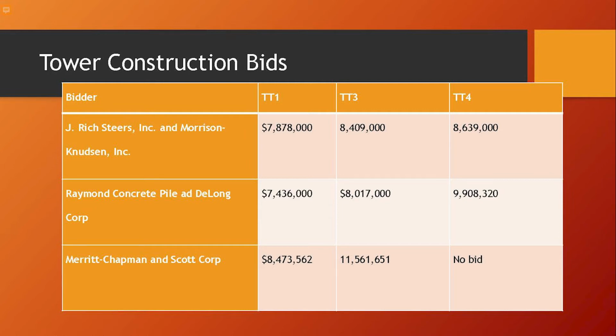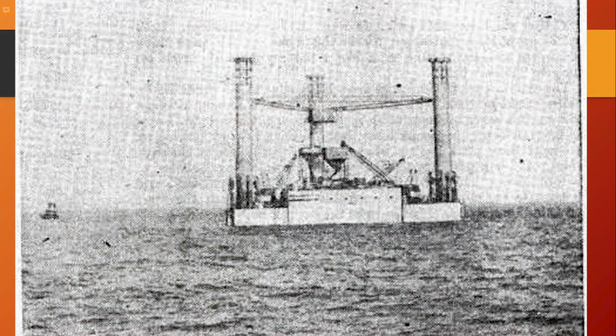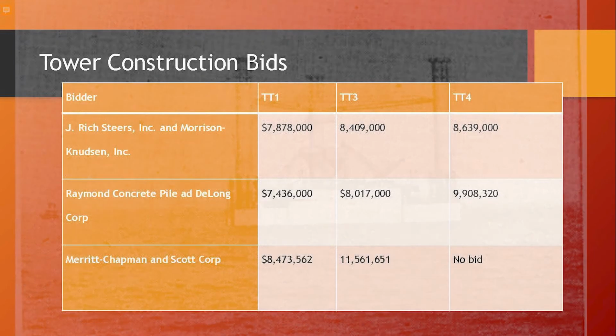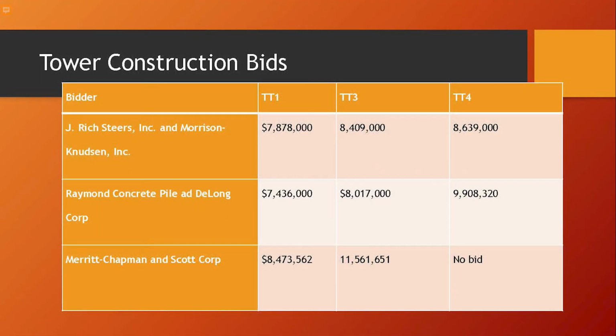They were different towers, so the DeLong Corp considered the logistical differences in installing the towers in 50, 80, and 185 feet of water. After J. Rich Steers Inc. outbid them by $1 million for TT4, DeLong testified that he assumed the lack of knowledge by the competing bidder led to similar estimates for TT3 and TT4.